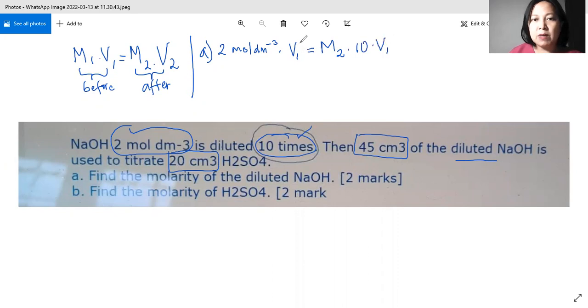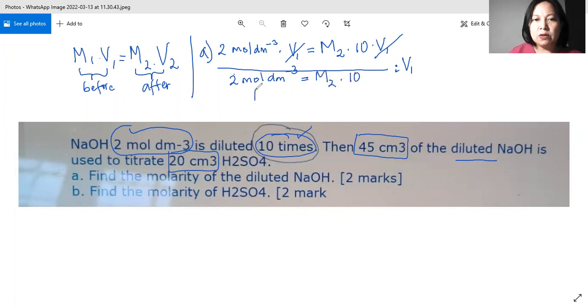Now, because on the left and right side we have V1, we divide by V1, the same variable, so we can cross it out. So 2 mole decimeter to the power of -3 equals M2 times 10.